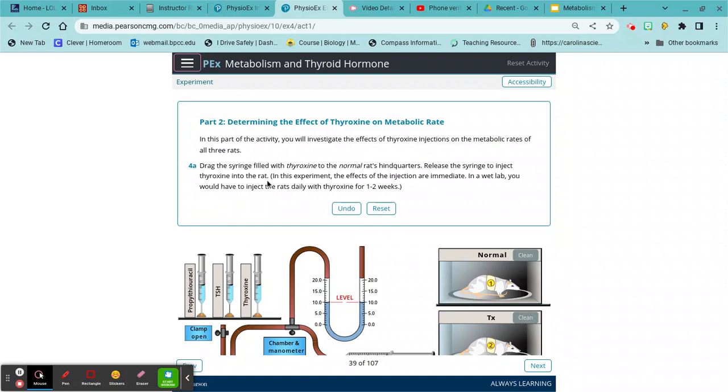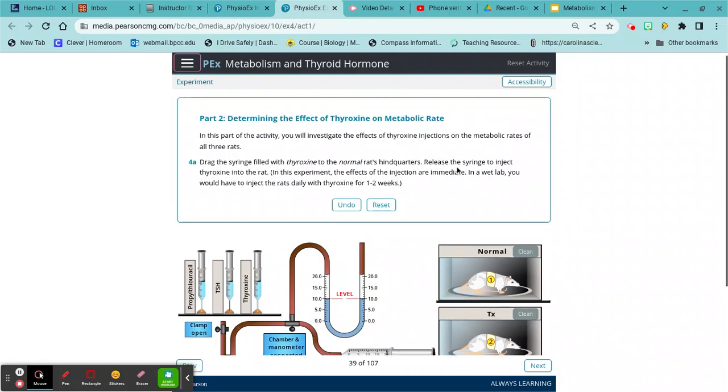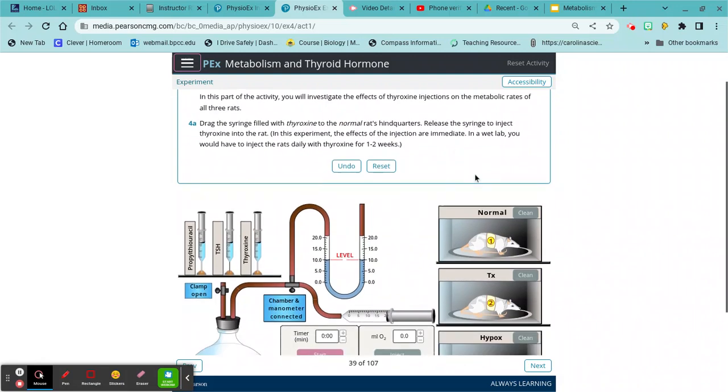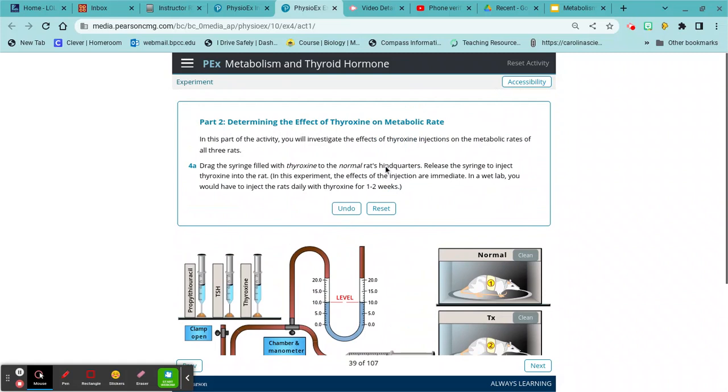Drag the syringe filled with thyroxine to the normal rat's hindquarters. Release the syringe to inject the thyroxine into the rat. In this experiment, the effects of the injection are immediate. In a wet lab, you would inject the rat daily. Okay, so it looks like we leave the rat here. Let me see if this will let me. Is that what I needed to do?